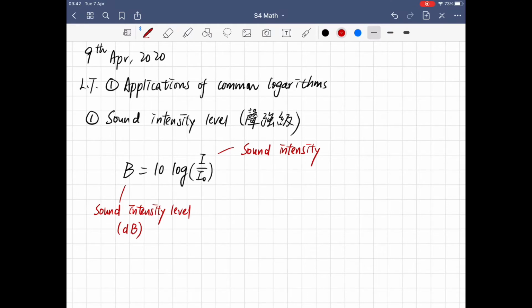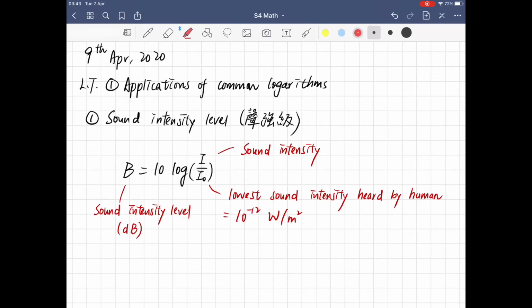And finally, for the I log, it is talking about the lowest sound intensity heard by human, which is a fixed value of 10 to the power negative 12 watts per meter square. Okay, and it is the first application that we have to learn.